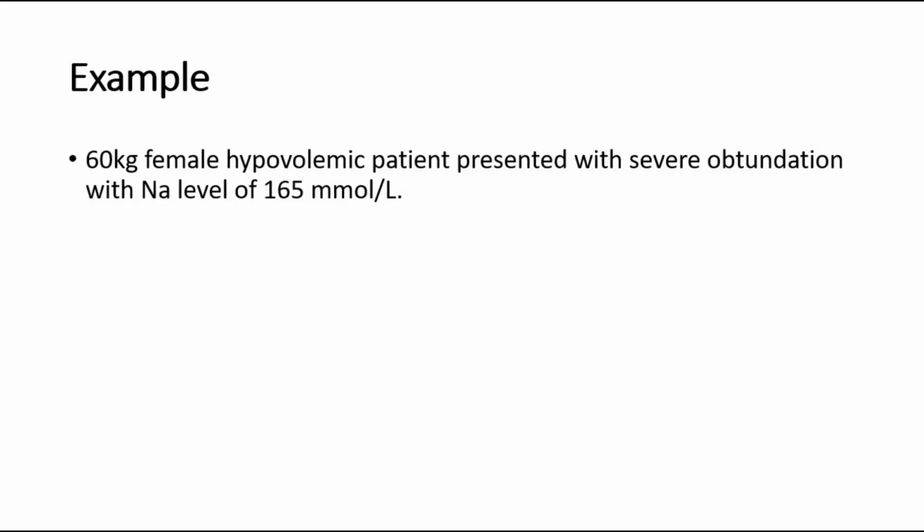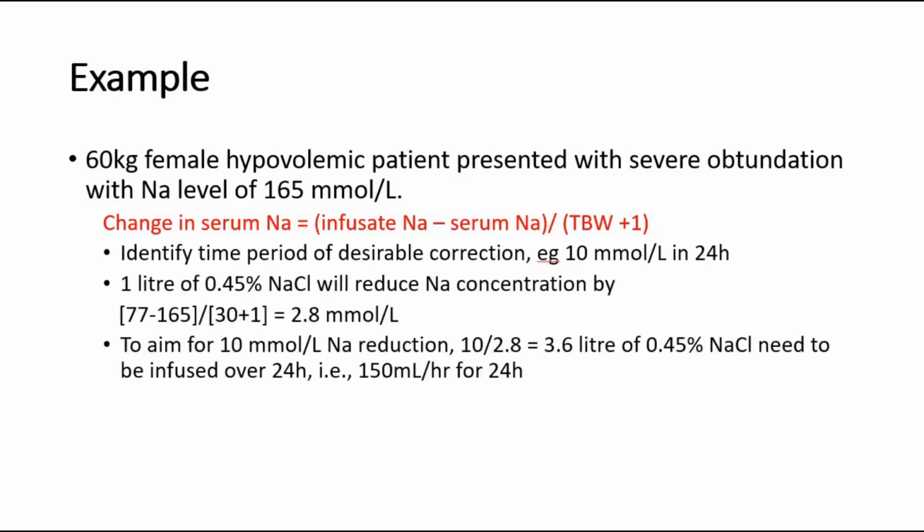A 60 kilogram female, hypovolemic patient, presented with severe obtundation with a sodium level of 165 millimole per liter. First we calculate the change in serum sodium, which is infusate sodium minus serum sodium, divided by total body water plus 1. Identify time period of desirable correction, for example 10 millimole per liter in 24 hours.